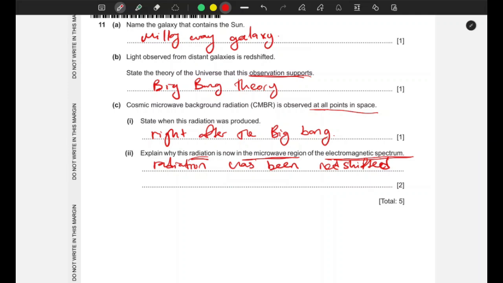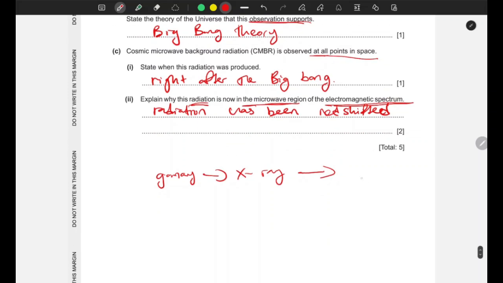Firstly, it was a gamma ray. After that, the wavelength increased and it became an X-ray. The wavelength increased again until it became microwave. So that's what redshifted means. The radiation has been redshifted, and the wavelength has increased.